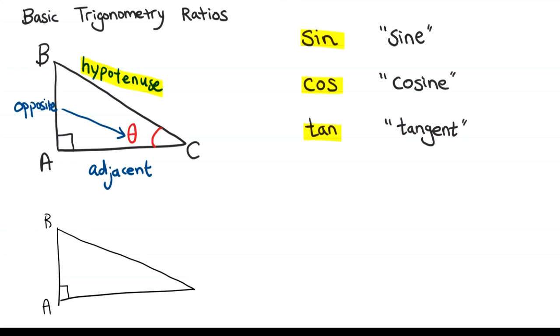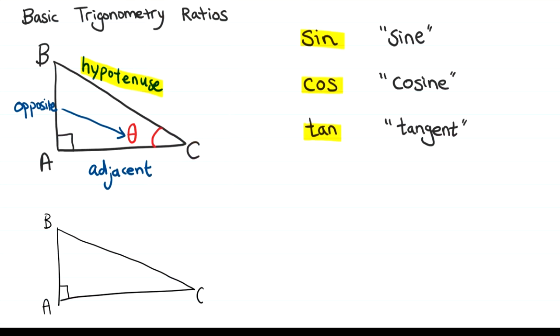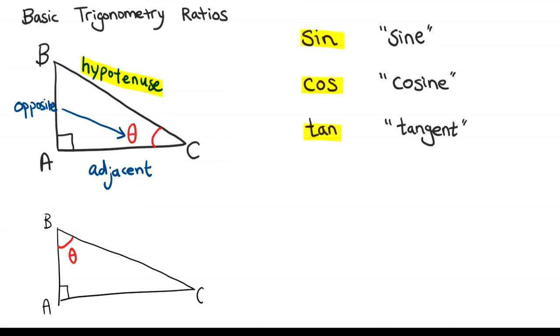A, B, C, if you are looking at the angle B instead this time, and I'm going to call that theta, then our adjacent will now be the side AB, because that one contains the angle theta and the right angle.